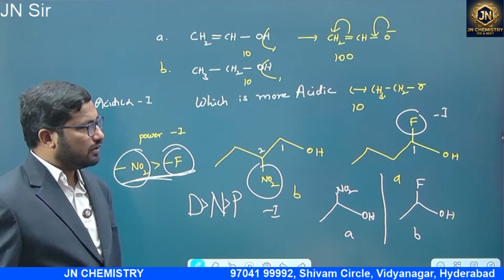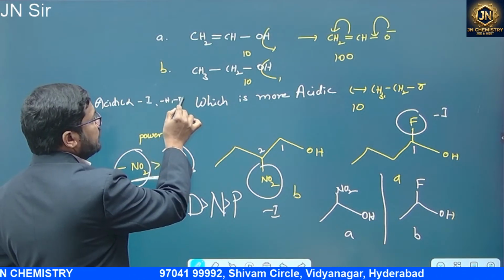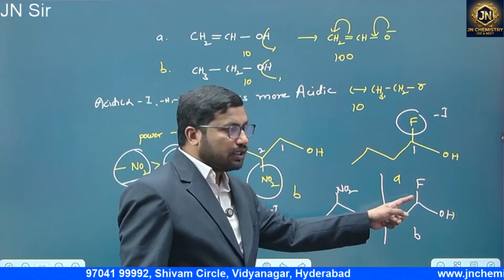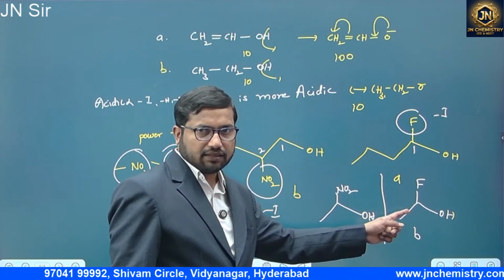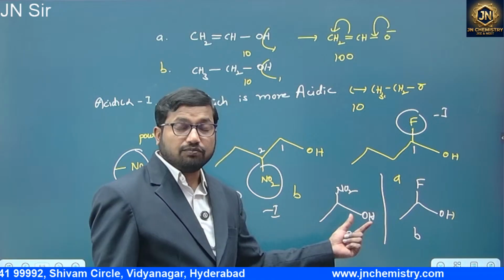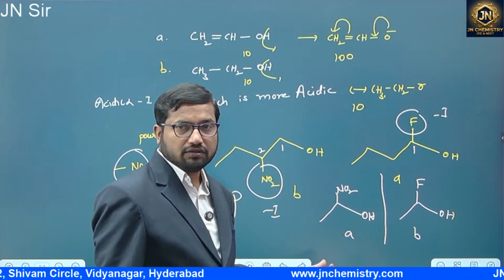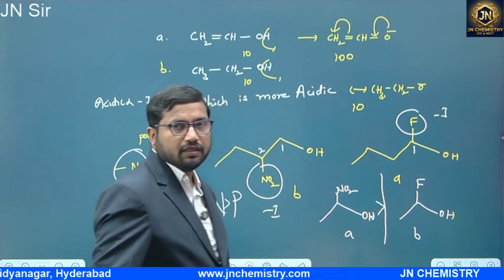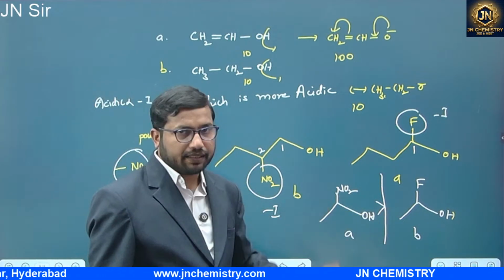More minus I or more minus H or more minus M, depends. But in this particular case, both are minus I nature and both are at the same distance. Which is more powerful? A. So A is greater than B. A is more acidic than B.